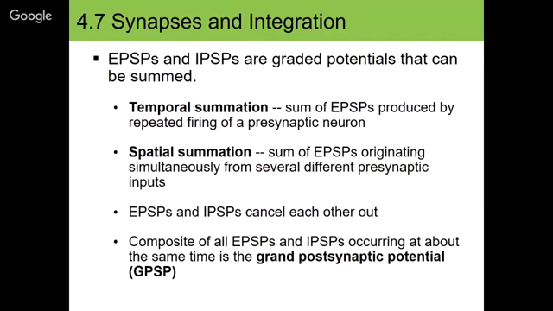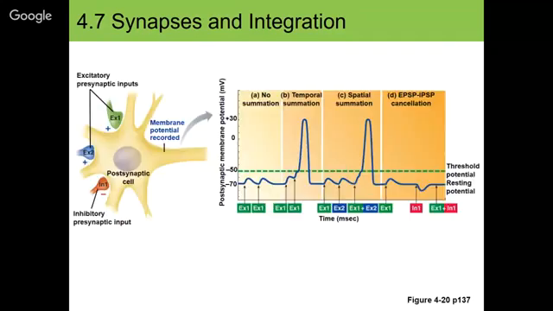So the grand postsynaptic potential is the overall electrical charge that results from all these different synapses that are happening with this postsynaptic cell, okay? And that is either in the direction of stimulation, excitation, or inhibition, okay? So let's look at that with a diagram.